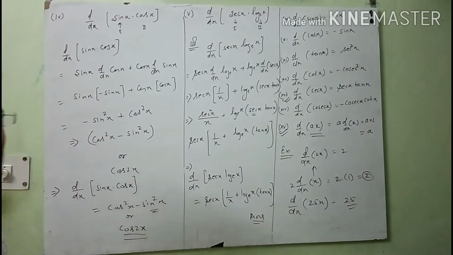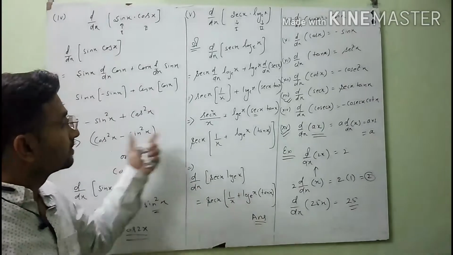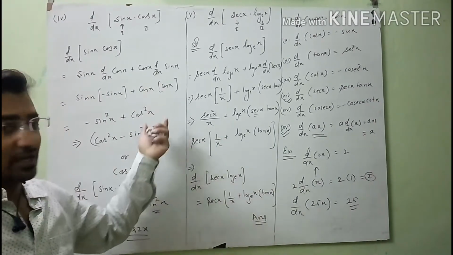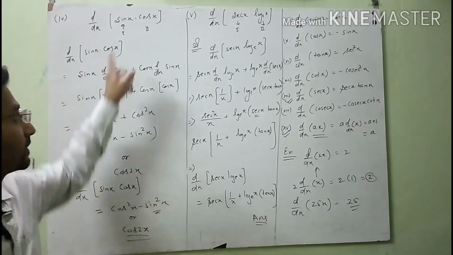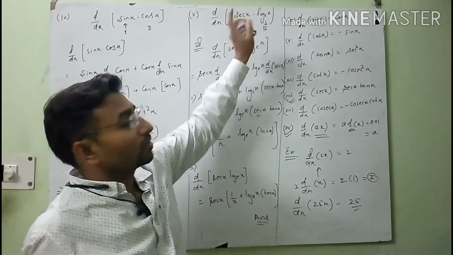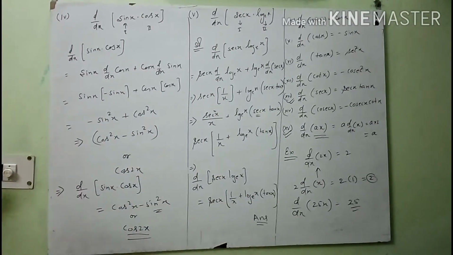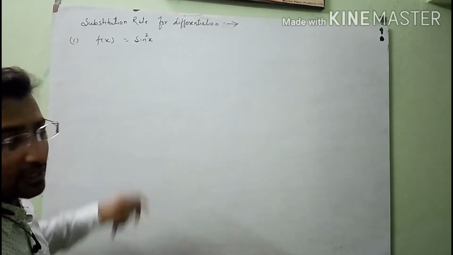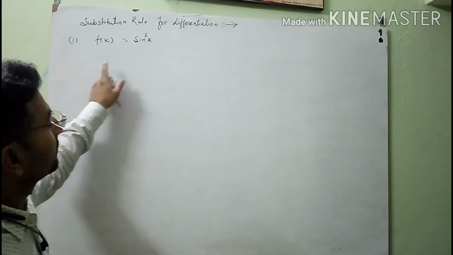So these are the examples which you will study here to differentiate a function which is related to algebra, to trigonometry, and to the log function. After these 4-5 examples, I will write here one important type of case for differentiation.